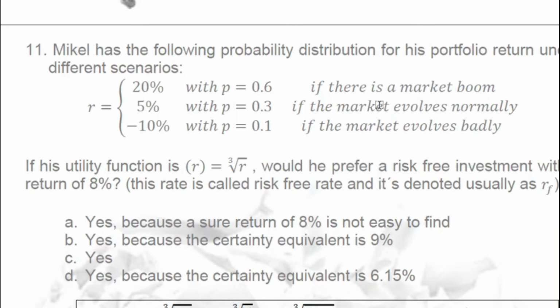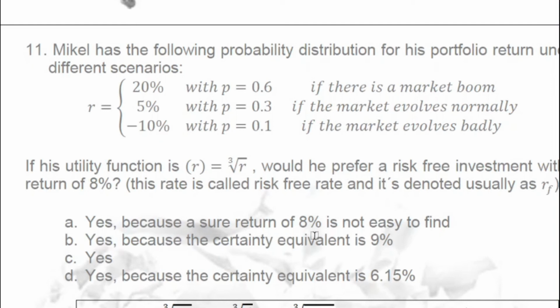Then, if his utility function is u(r) equal to this, would he prefer a risk-free investment with a return of 8%? This rate is called the risk-free rate, usually denoted as RF.